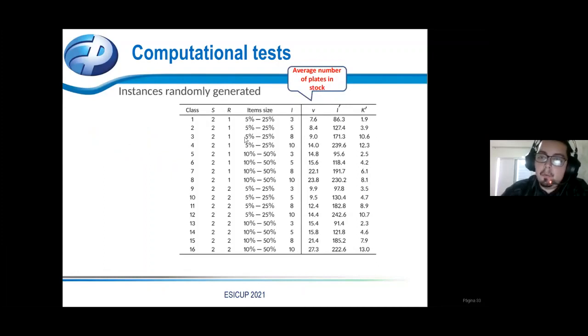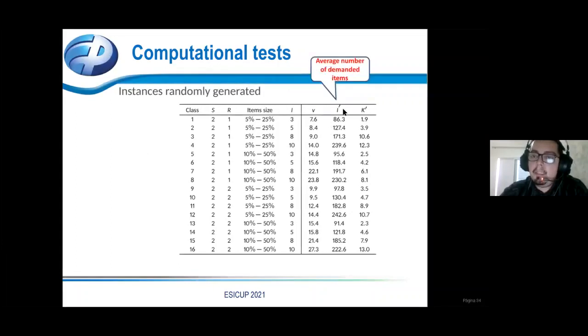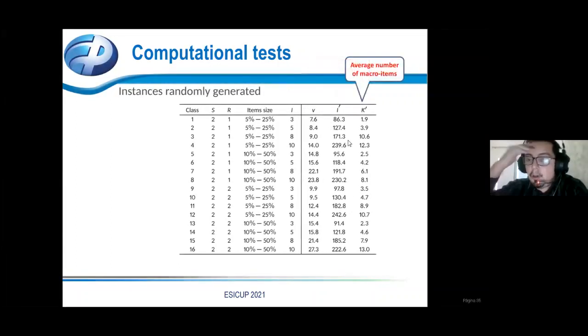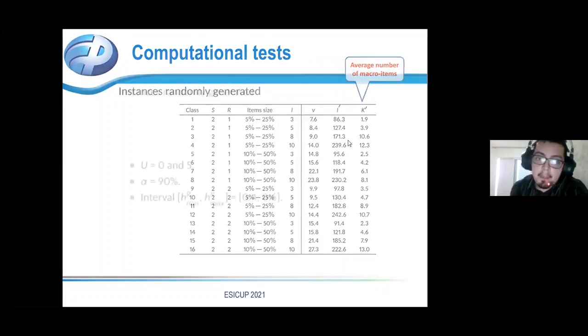Here we describe each class of instances. These last three columns indicate the average number of plates in stock, going from 7 to 27, the average number of demanded items, and the average number of macro items.